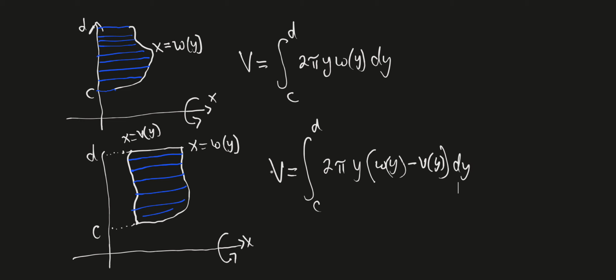So if you list all the different cases going back to the disk, we had two, one in terms of x, one in terms of y. Then to the washer, we ended up having another two. So again, a washer in terms of x and a washer in terms of y. So that brings us up to 4.